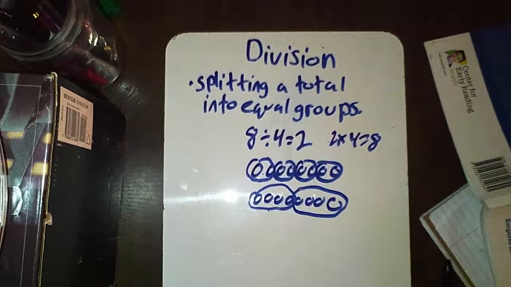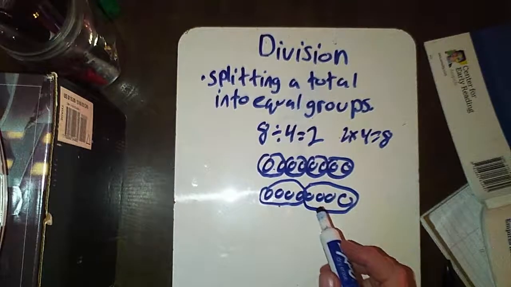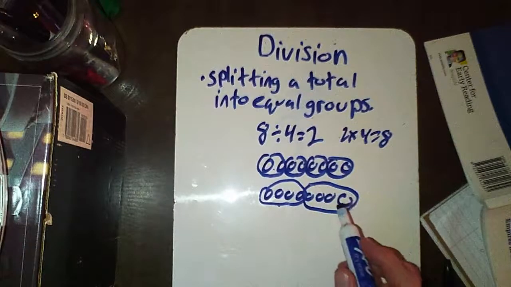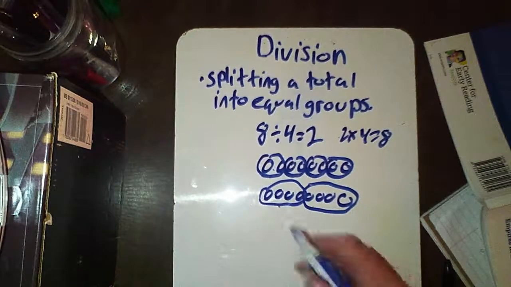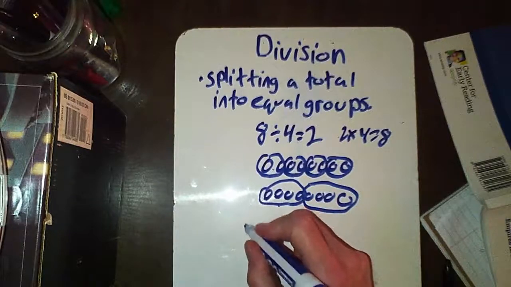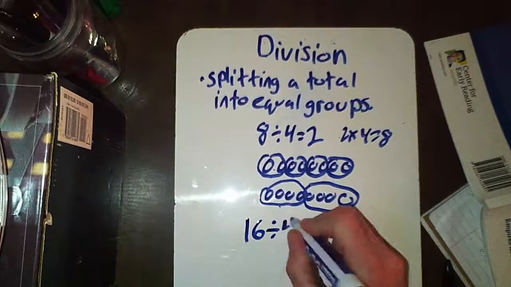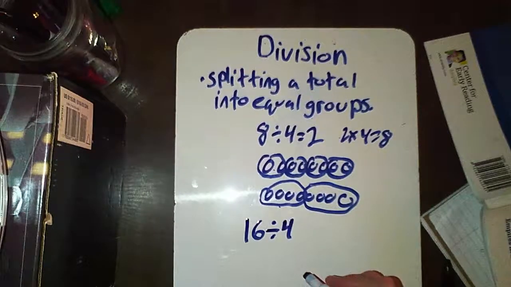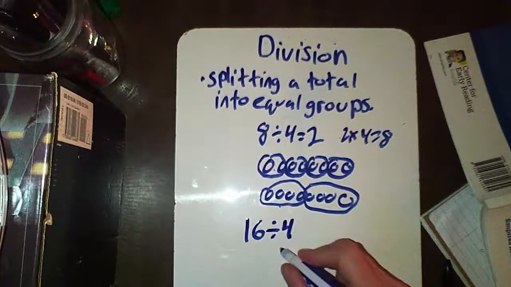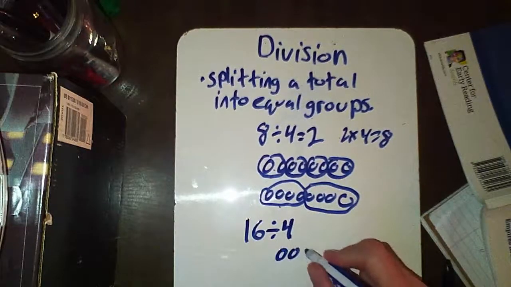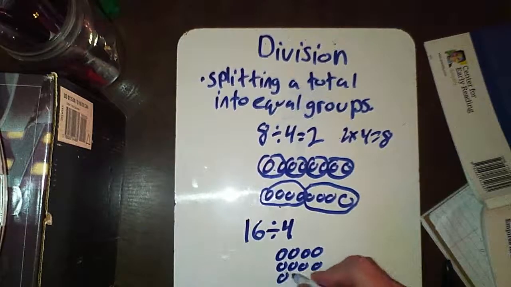So, what we're going to use today in class is this array strategy where we have objects like this. So we're going to, let's say, take 16 divided by 4. And the idea is that we make an array. We're going to make groups of 4 until we get to 16. 1, 2, 3, 4, 1, 2, 3, 4, 1, 2, 3, 4.